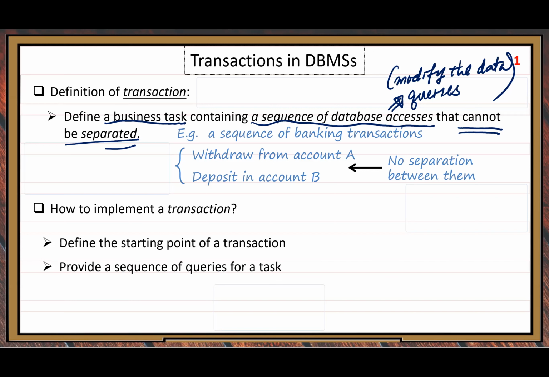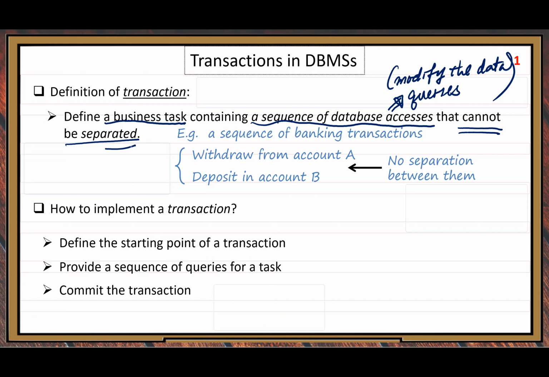Then after that, you provide a sequence of queries for the task, any number of queries. Then at the end, you need to tell the DBMS the end of the transaction. You need to specify those two points to define one whole block of queries for one transaction.